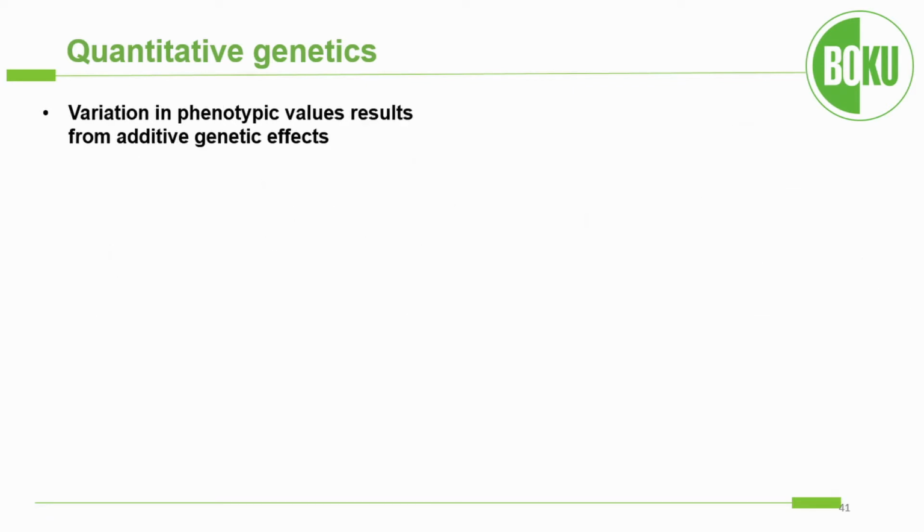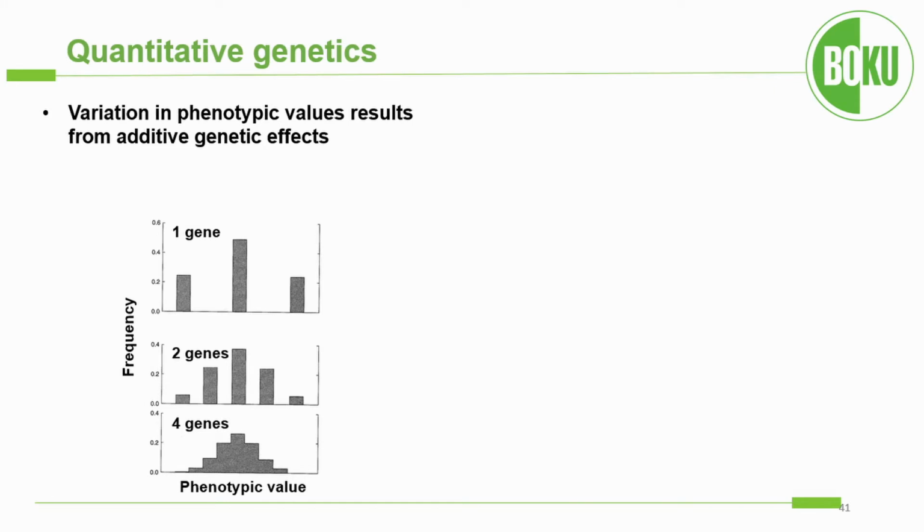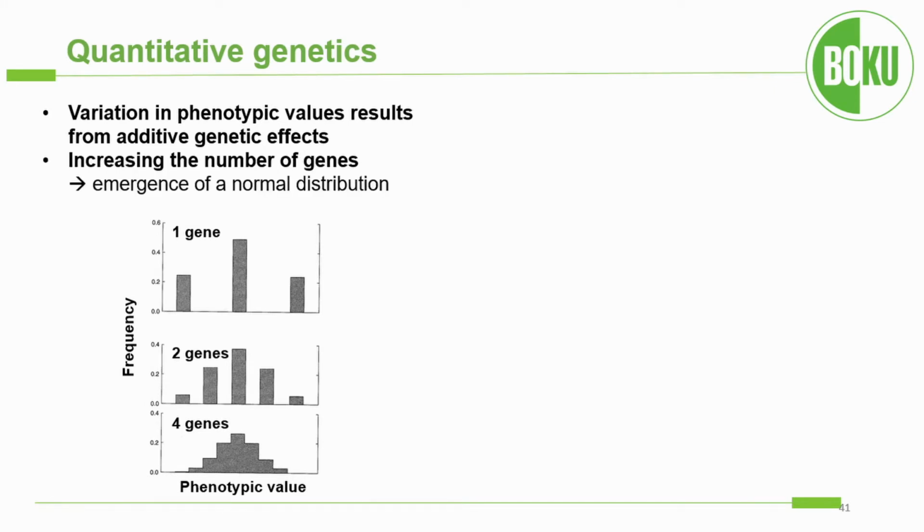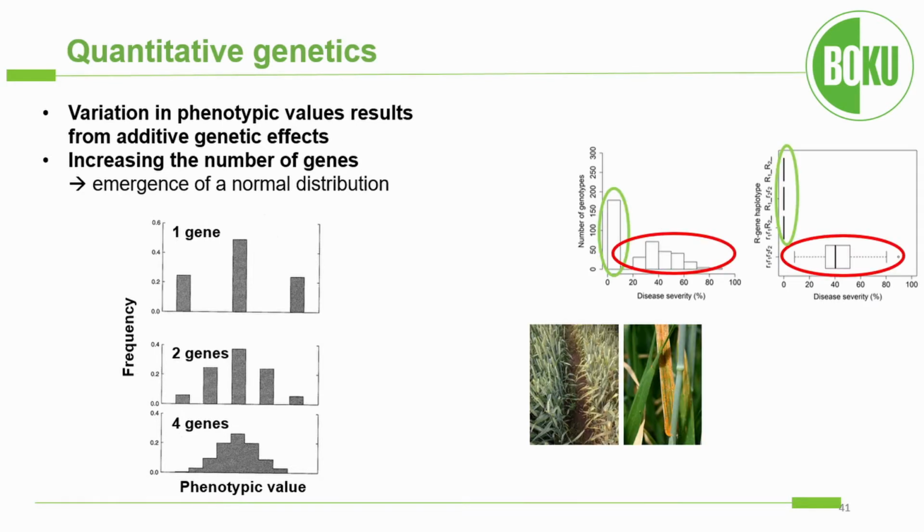That means, first of all, Fisher postulated that this variation in phenotypic values results from additive genetic effects. And the more genes we have, the closer we come to this normal or Gaussian distribution. So now we have a nice explanation for why we see this pattern, this mixture of a discrete and a continuous trait.